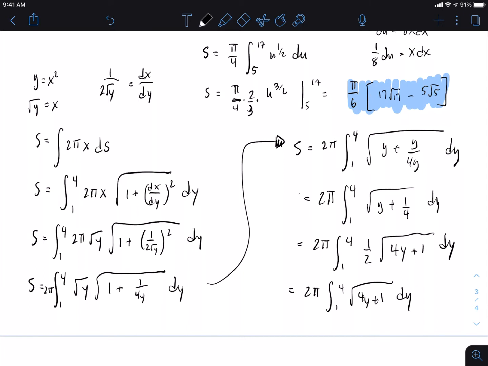Correct. So my u here is going to be 4y plus 1, so du will be 4 dy, so 1/4 du is dy, so that's going to give me pi over 2, and then I'm going to just integrate it, if that's okay with all of you. Or here, I'll set it up just so you guys can see.